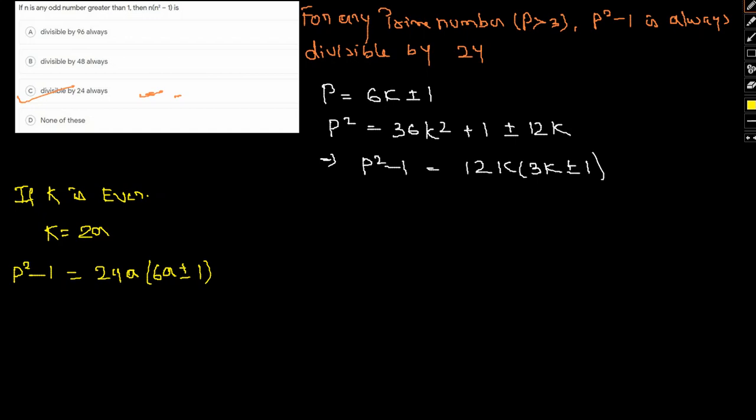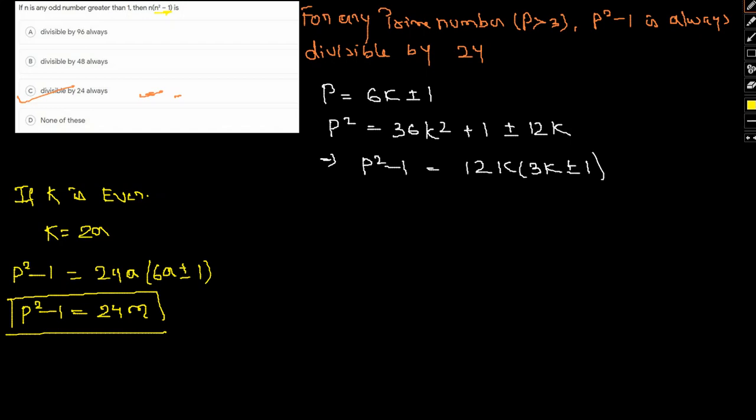Okay, so therefore we can see p squared minus 1 is basically 24 into m, where m is any integer. Okay, so yes, you can see here p squared minus 1 is divisible by 24. Okay, so I hope it is clear.